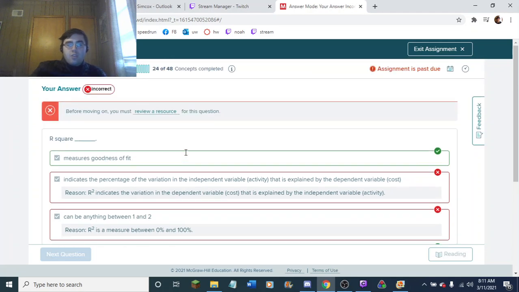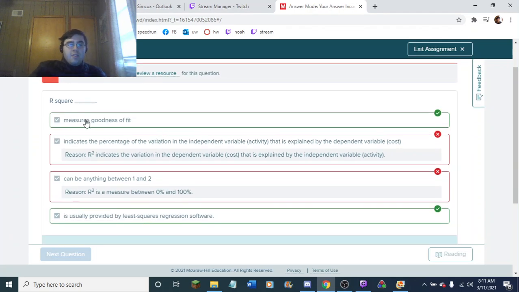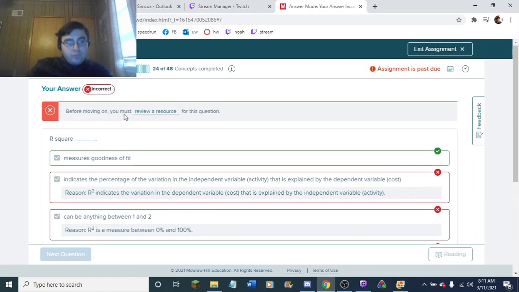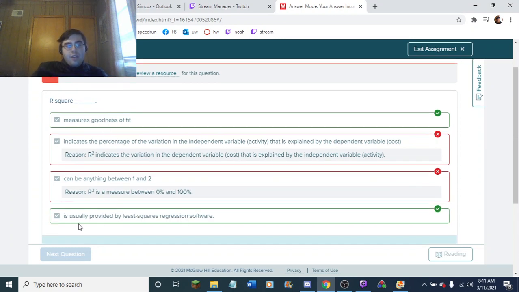Okay, so the correct one to select is this one and this one. R square measures goodness of fit. R square is usually provided by least squares regression software.